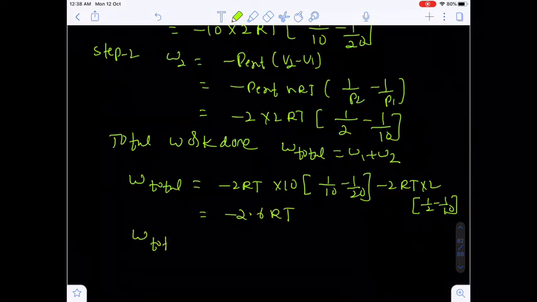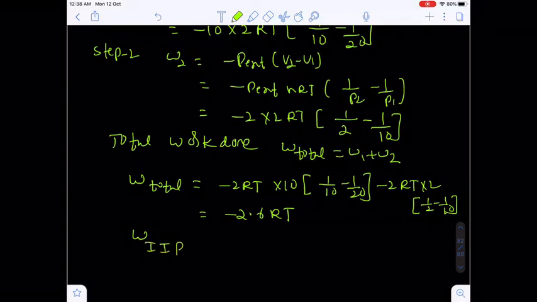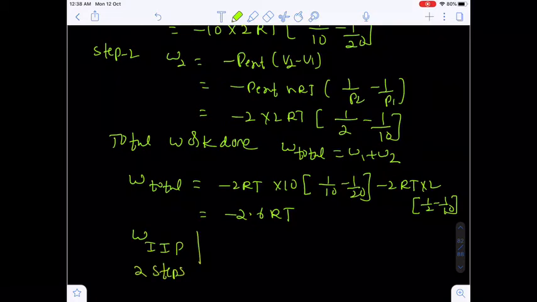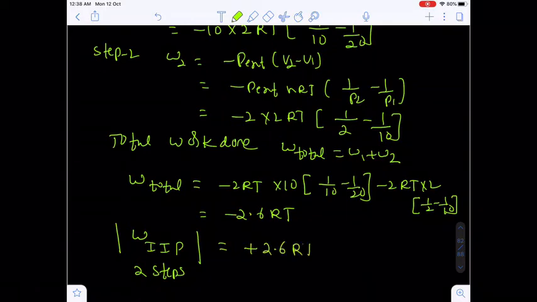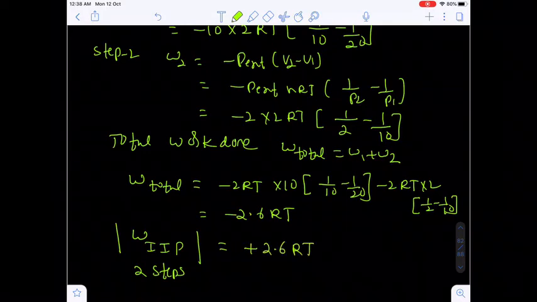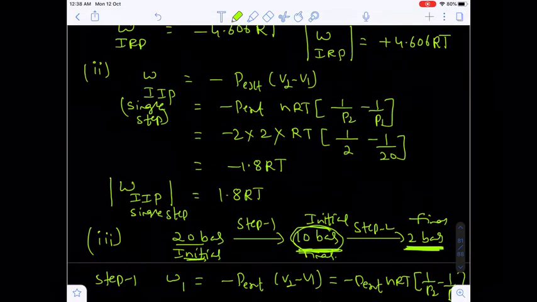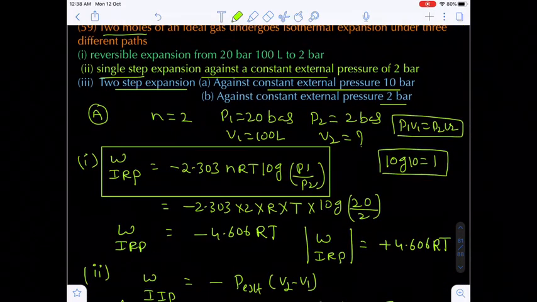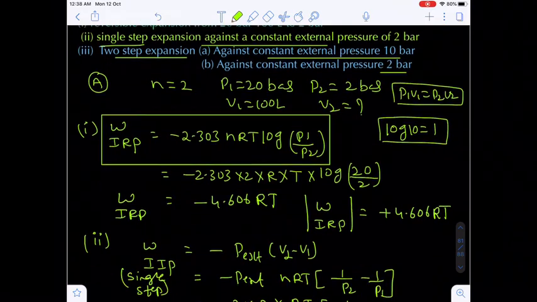Now if you see the total work done, that is in the 2-step process. Which process? Isothermal irreversible process, but how many steps? 2 steps. If you see the modulus value of work done, you will get plus 2.6 RT. From this information, what can we conclude? Let's suppose the first step is irreversible.